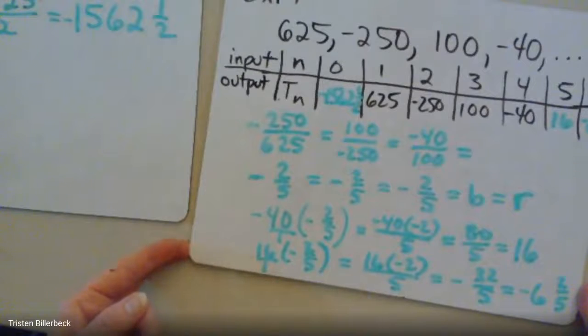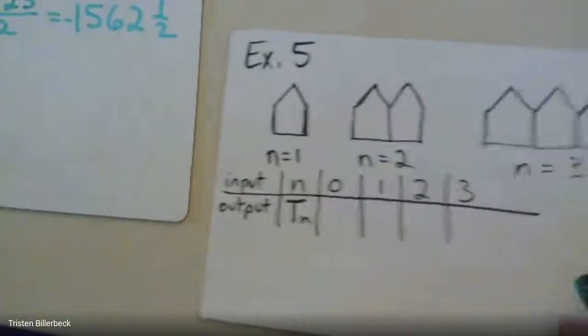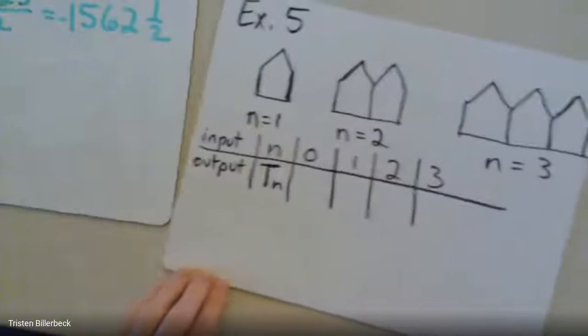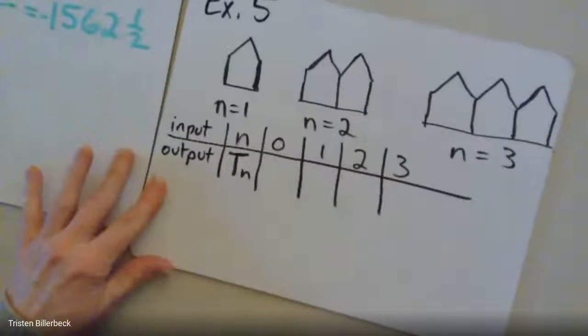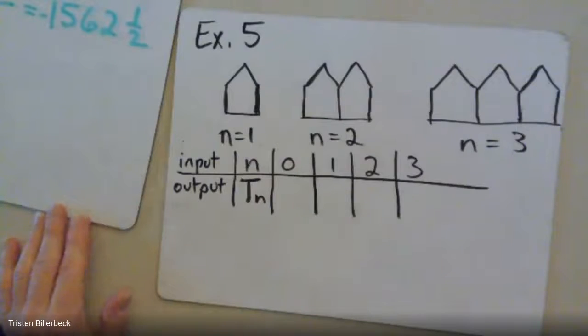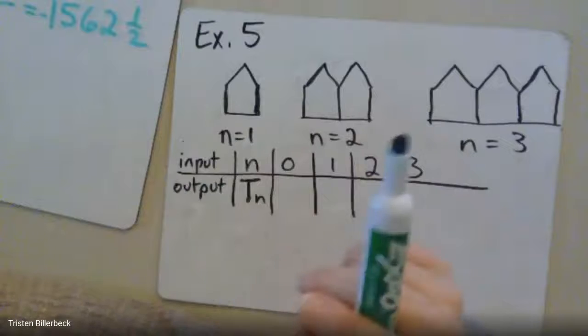All right, let's look at another example. Oh, here we go. So we're going to see how things grow. This will be kind of fun. Consider these like little matchsticks.